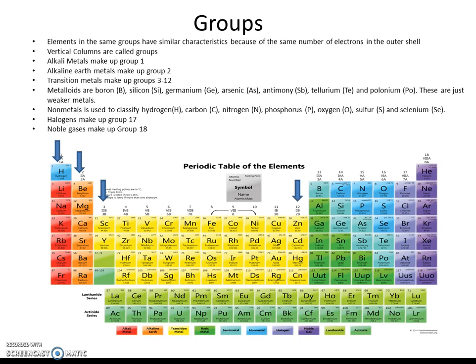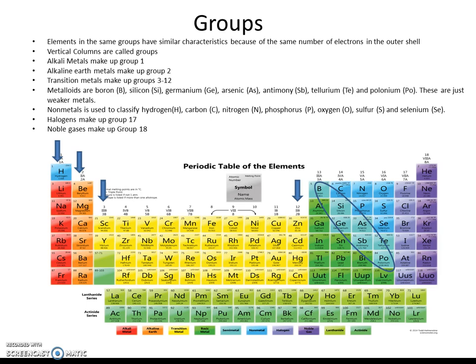Metalloids are boron, silicon, germanium, arsenic, antimony, tellurium, and polonium. Metalloids are just weaker metals.